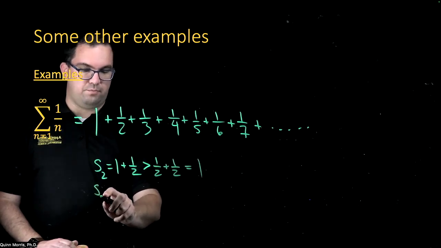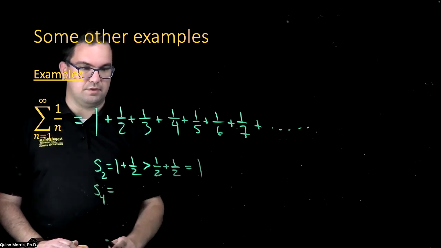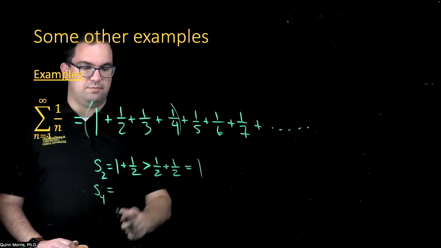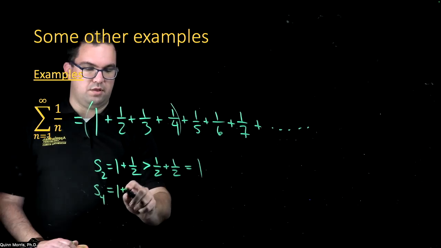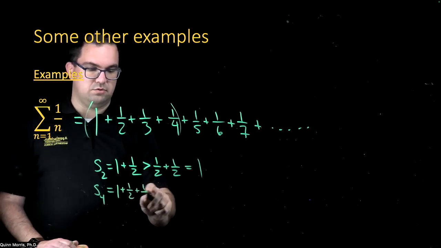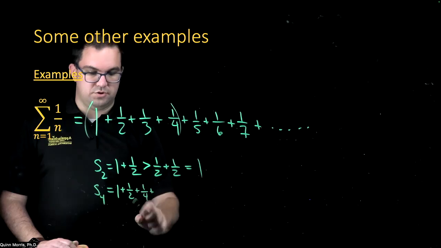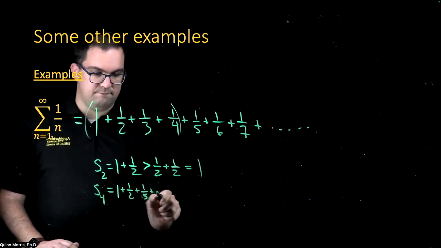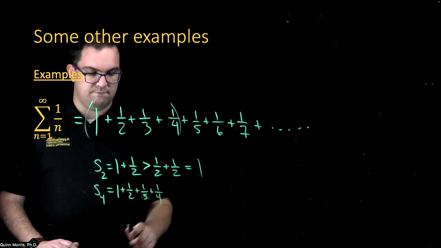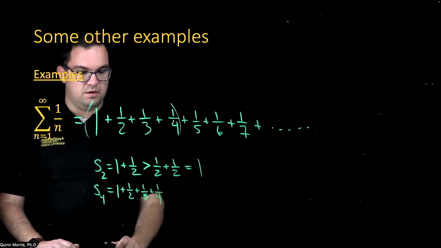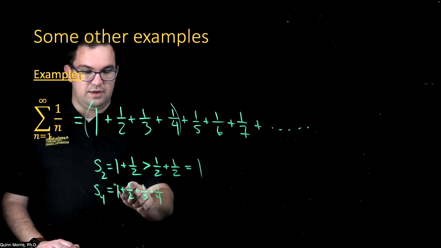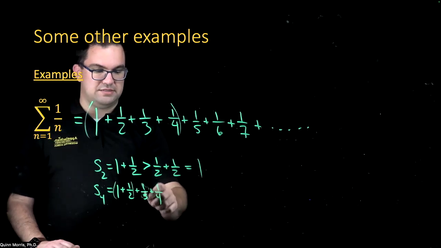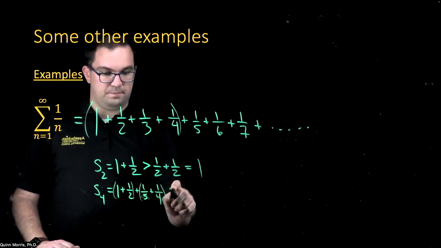Now I'm going to look at the fourth partial sum. Okay, so the sum of the first four terms. Now what I'm going to do with that, so that would be 1 plus a half plus 1/3 plus 1/4. And now what I can do here is the same sort of estimate on the first two terms and then replace each of these with a fourth.